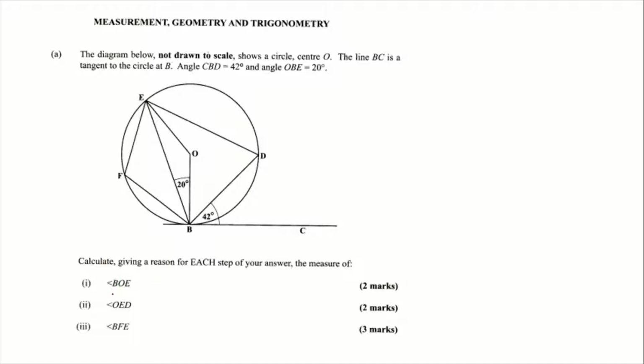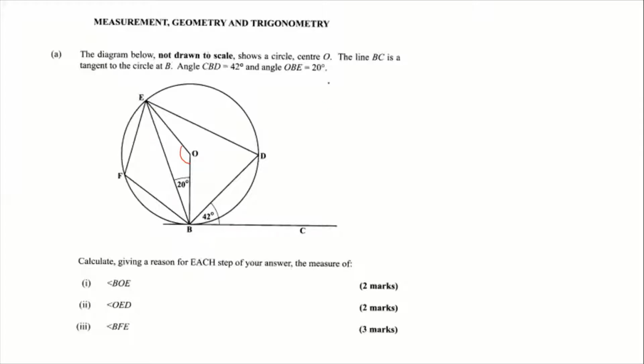So the first thing that we need to do is to identify angle BOE. BOE is this angle here at the center. Now, how can we determine this angle based on the information that is given? We realize that angle BOE is in the triangle BOE, right?